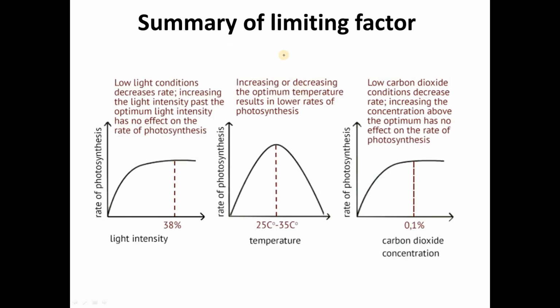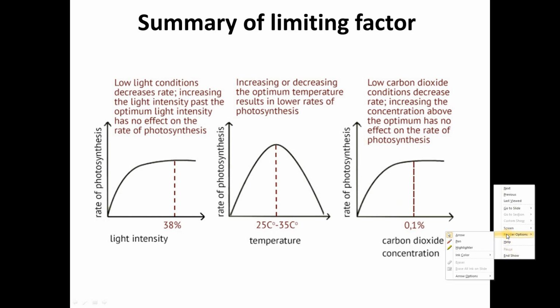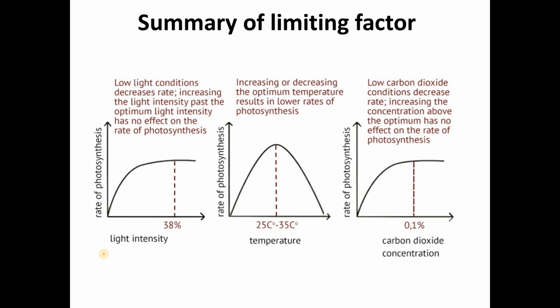Now, this is the summary of all the limiting factors we have just finished. If you look at the graph for light, as I rightly said, as you increase the light, the rate of photosynthesis will increase up to a certain part. After that, even though I am increasing the light intensity, it will not proceed because other parameters are still constant.